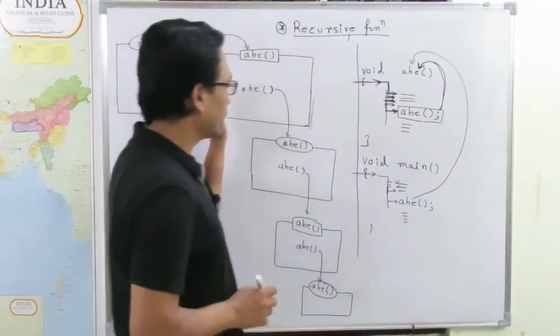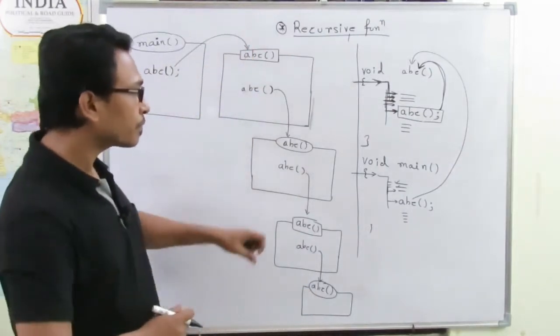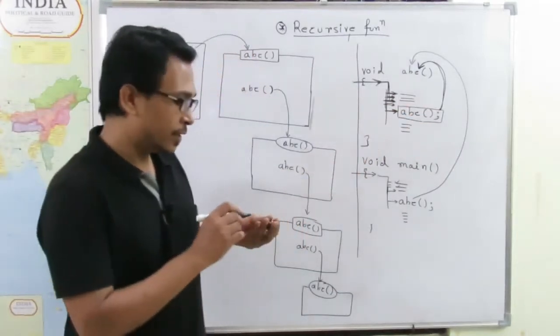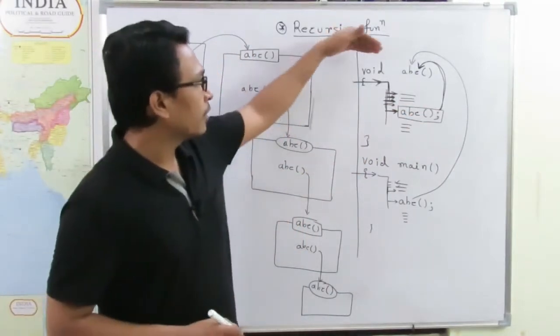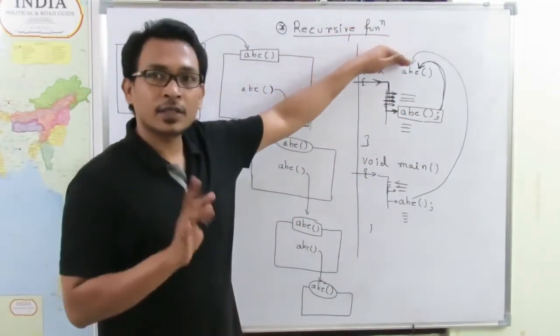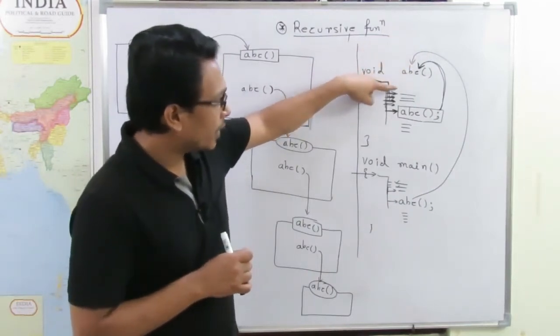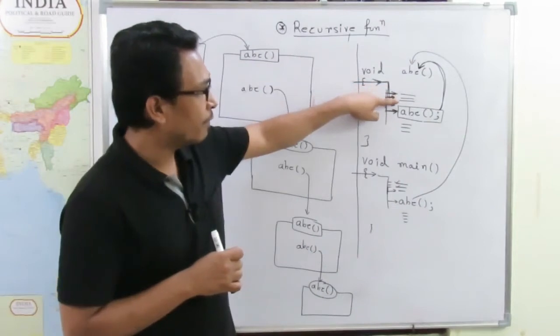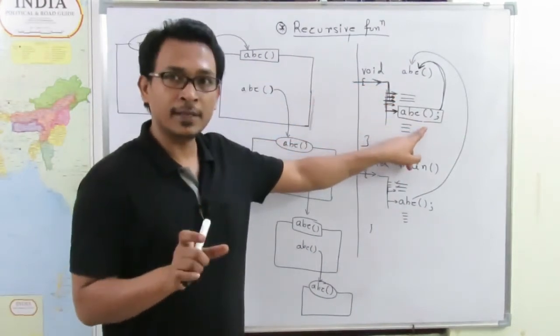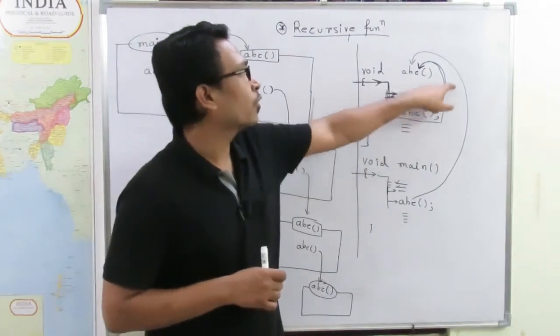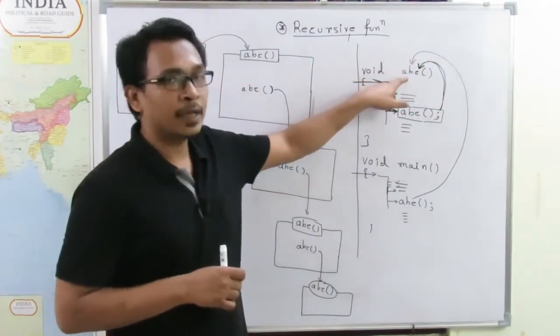Now look here: each time when execution of the abc function starts, it executes all the instructions that are above the function call abc, and whenever the abc function is called, at that time control again jumps to the start point of the abc function.